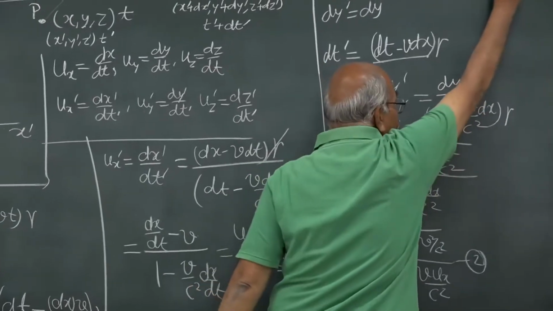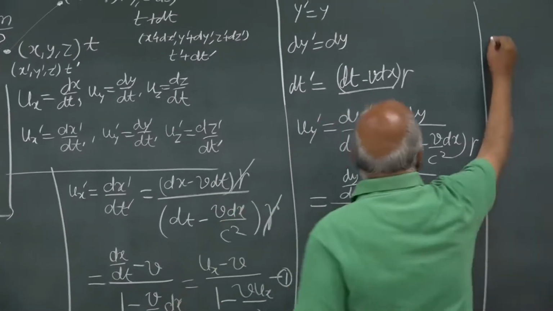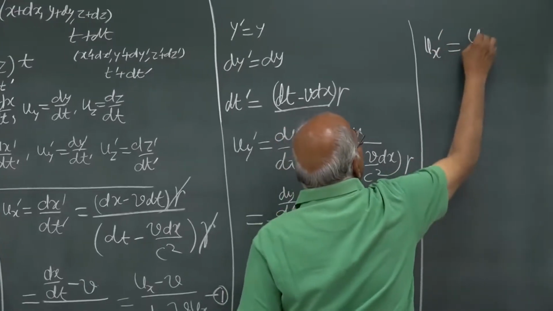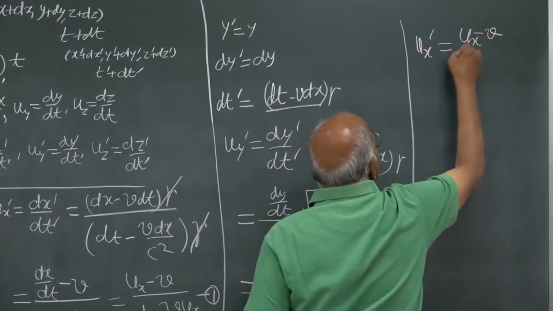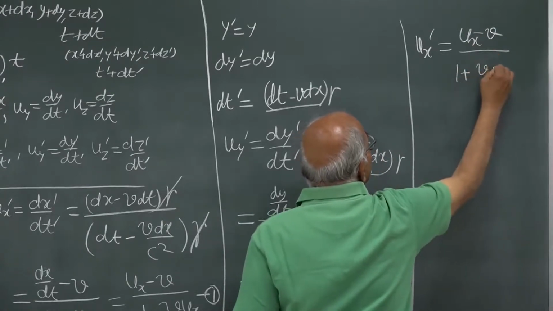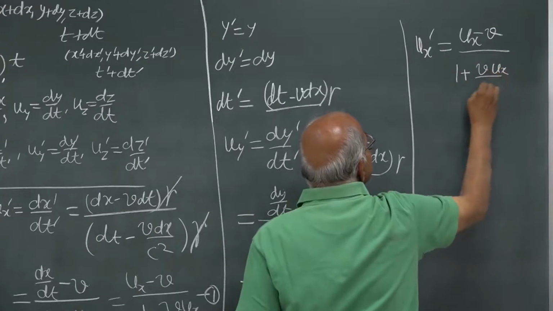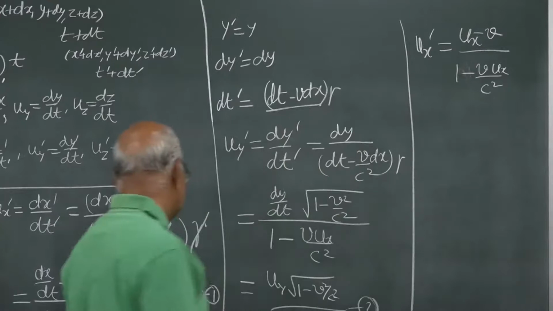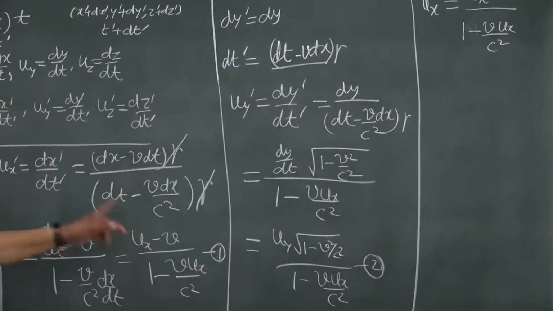Okay, so we can collect these things here. ux prime is equal to ux minus v divided by 1 minus v ux by c square. This first equation I have written.